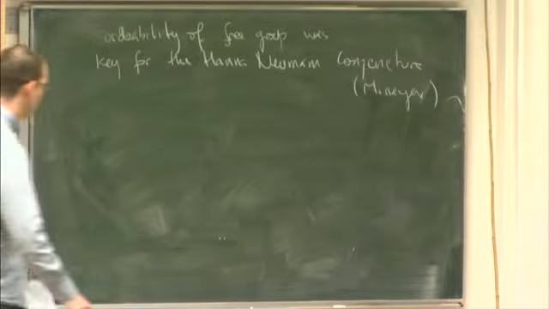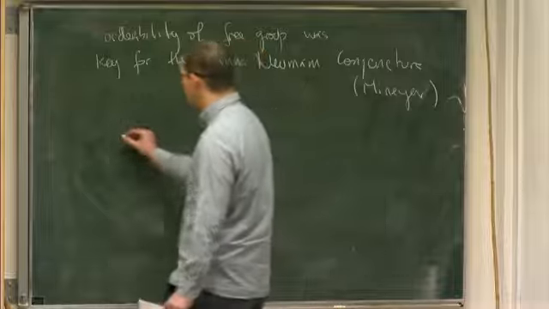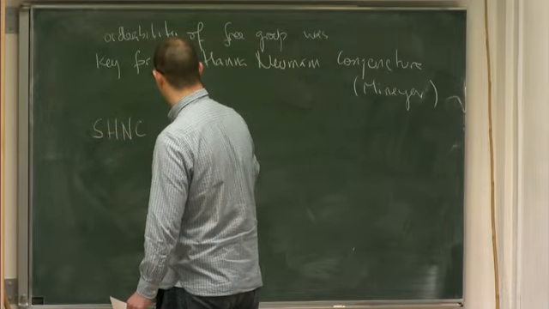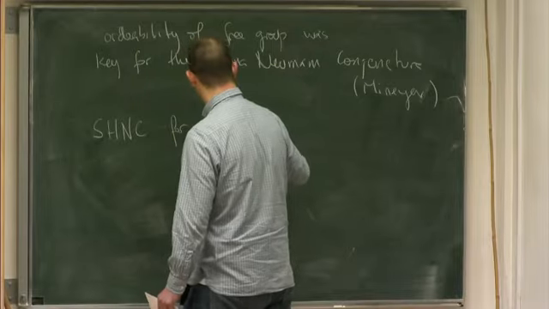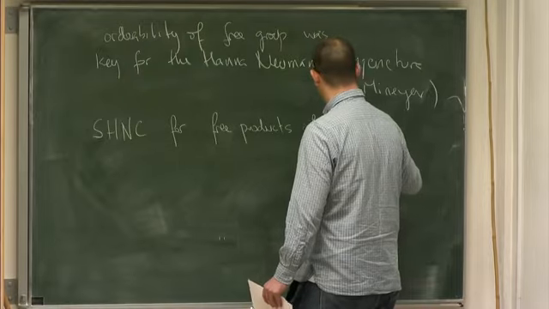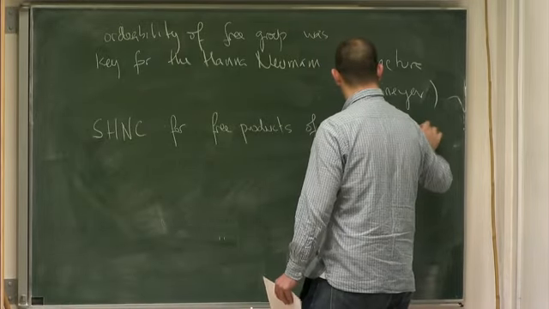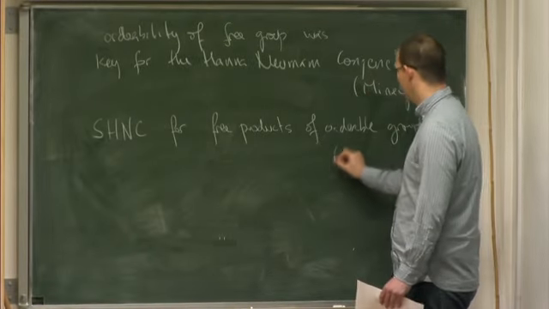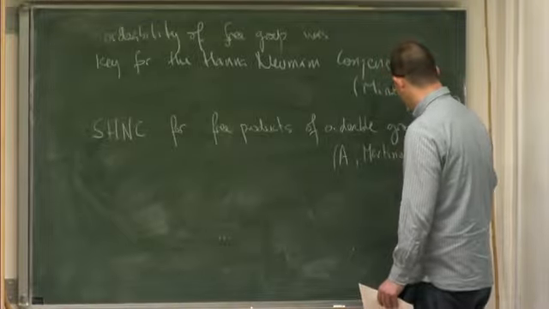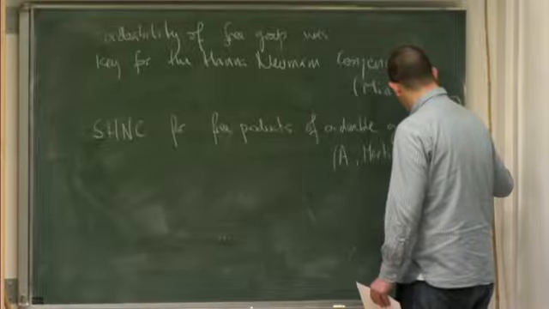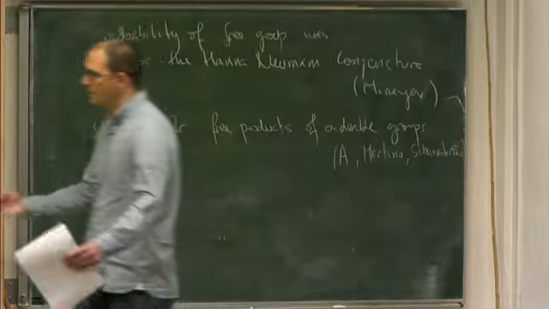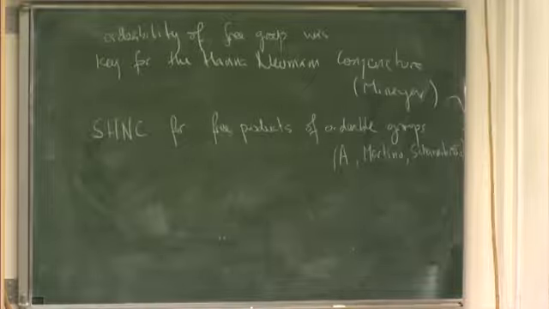And just to give some self-publicity, the Hanna Neumann conjecture for free products of orderable groups. You can also do this thing, and that's something that I did with Martino and Ingashawa. So this extra structure might help you to do things.